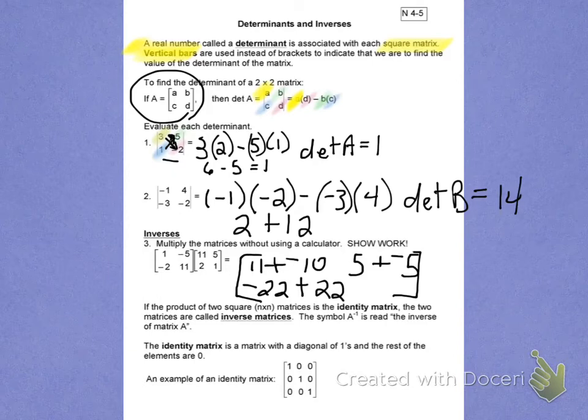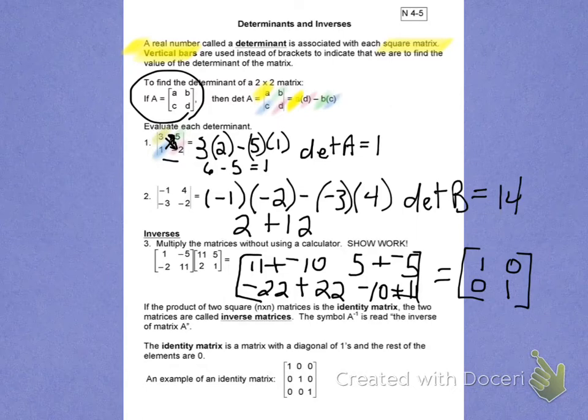On the bottom, you would have -2 times 5 is -10, and 11 times 1 is 11. I'm confusing myself, so I know I'm confusing you. Okay, so now let's write that as our final answer matrix, and we have 1, 0, 0, 1.